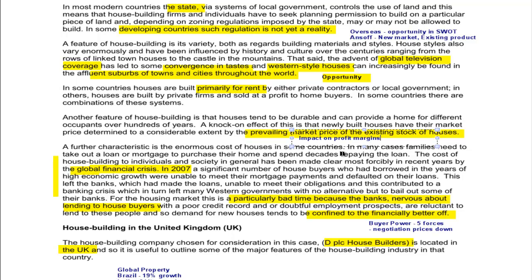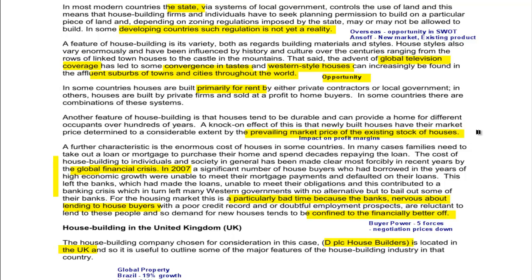But the one key restriction here is that this will have a big impact on profit margins. It's not like some industries where you can basically say, well, it's cost us a certain amount to build a product and then we'll put on our normal profit margin of 30%. There's very much a market price. What is the market price of that, rather than what's the amount that we're going to put on top? And so if that market price stagnates or even falls, then we see our profit margins being tightly squeezed.